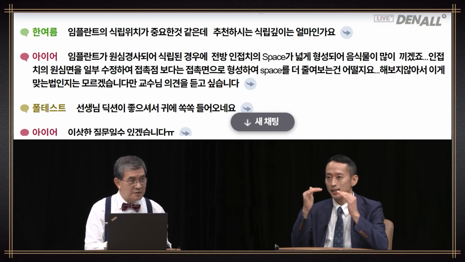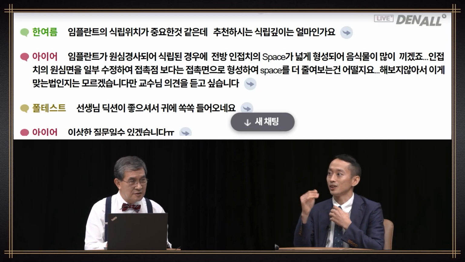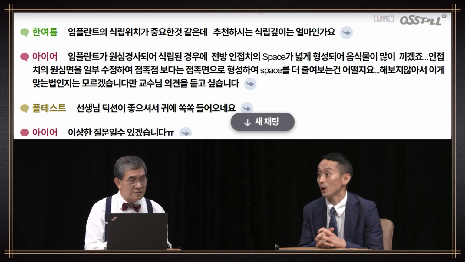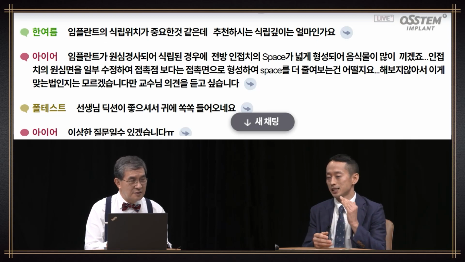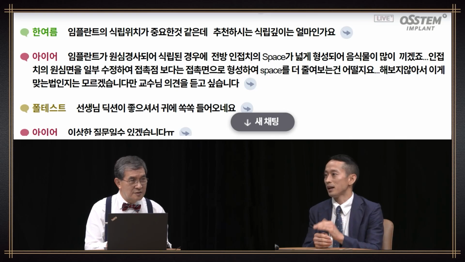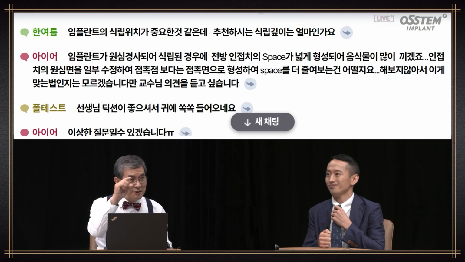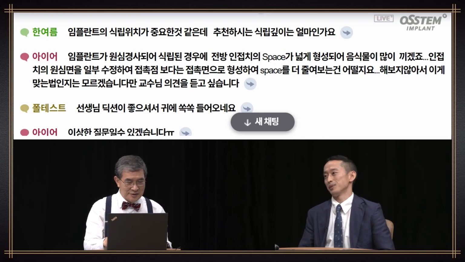By doing so, the alveolar bone may provide protection against the bacteria from the implant. So placing it 1 millimeter deeper. People sometimes say placing it even deeper is recommended. In general, I place it 1 millimeter to 1.25 millimeter deeper.